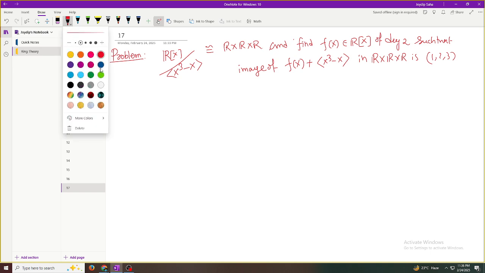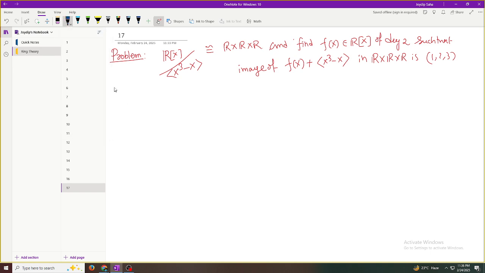Now apply the Chinese remainder theorem. Proof. x cube minus x is x times (x square minus 1), that is x times (x plus 1)(x minus 1). So one can write 1 as (x plus 1) minus x.